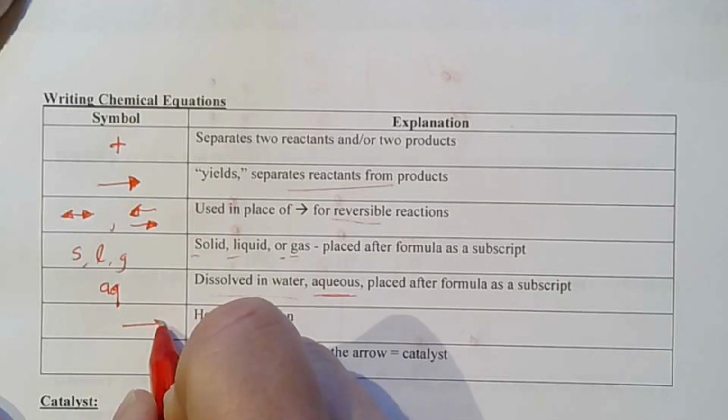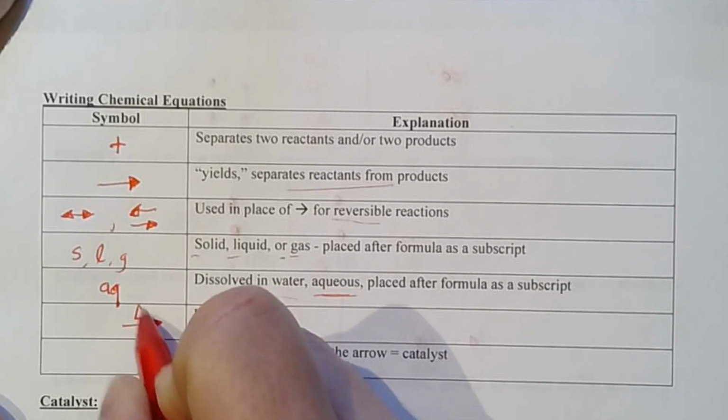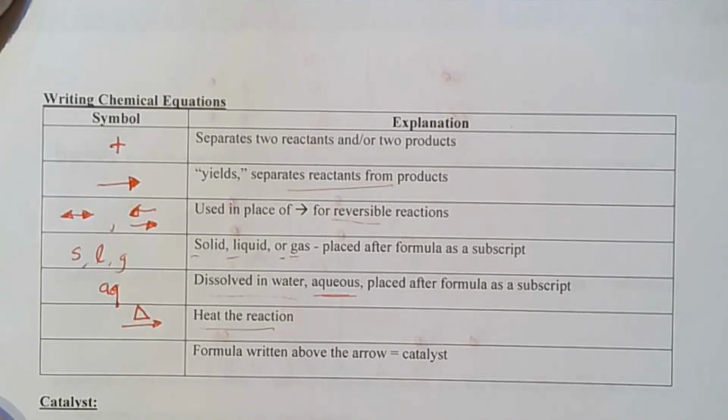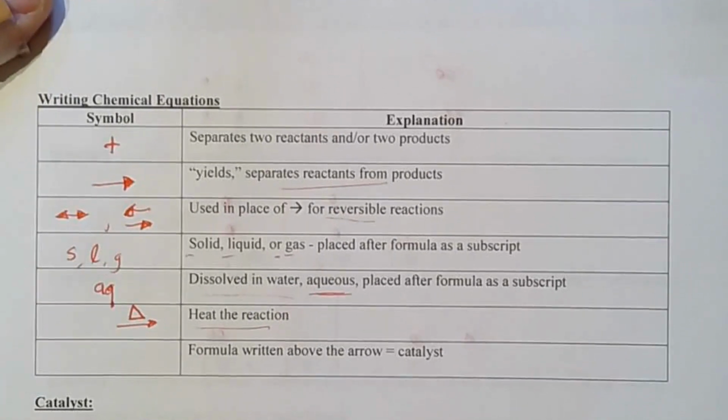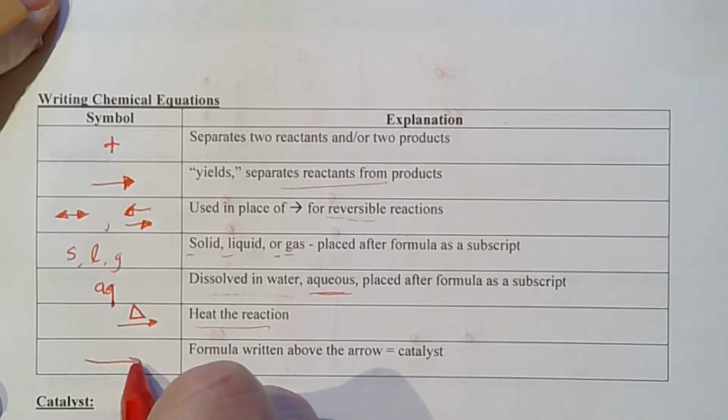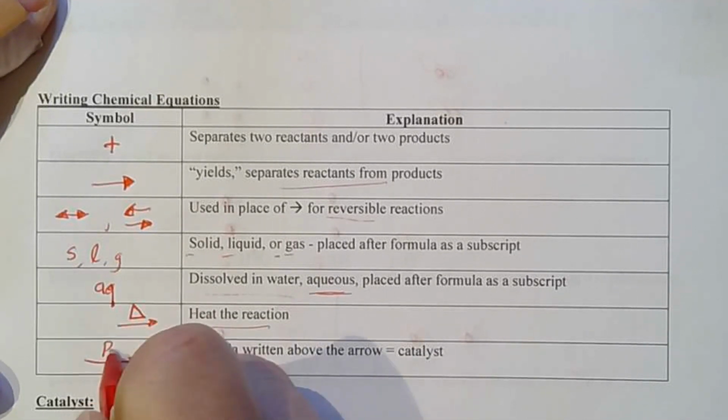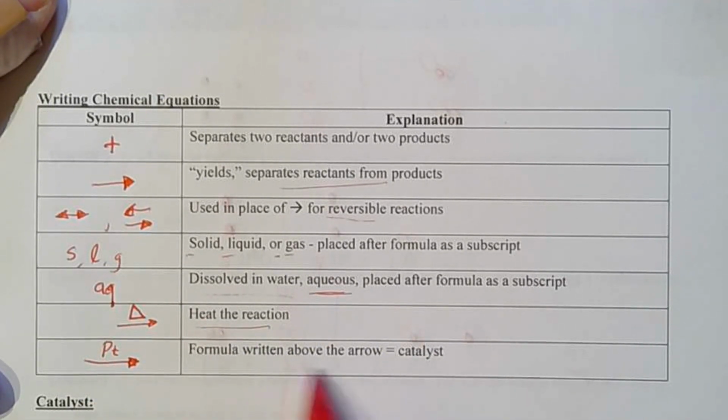If you see a triangle above the arrow, that means the reactants are being heated. The heat is being added to the system. And if you were to see some type of chemical formula or elemental symbol above the arrow, that means there's a catalyst present, and that is telling you what the catalyst is.